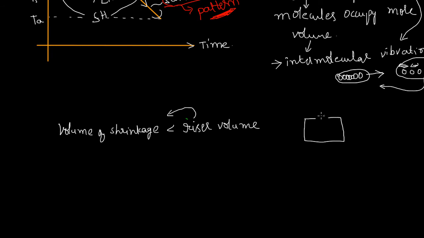The riser is placed above the casting. After filling the mold cavity, the riser also gets filled. If the mold cavity gets contracted like this, the riser fluid will come down and fill this gap, right? If the volume of this shrinkage is higher than the riser volume, the shrinkage cannot be avoided. That's why the riser volume has to be greater than the shrinkage volume, or volume of shrinkage has to be less than the riser volume, right?